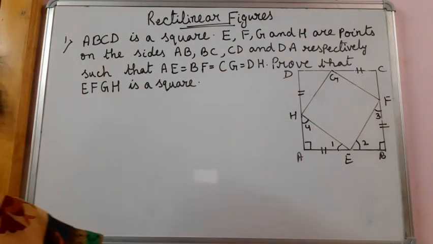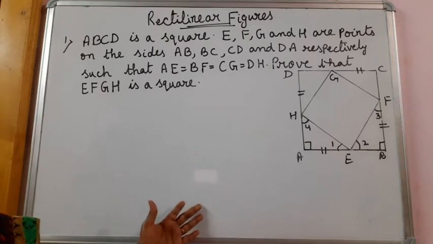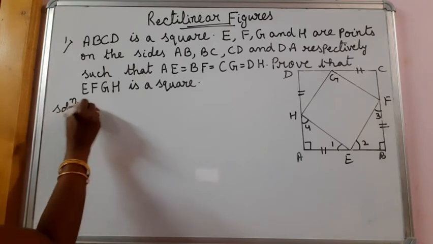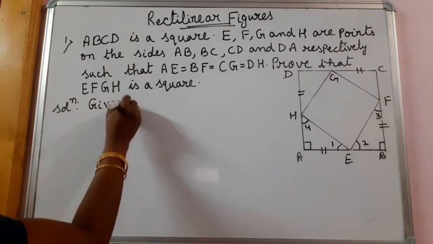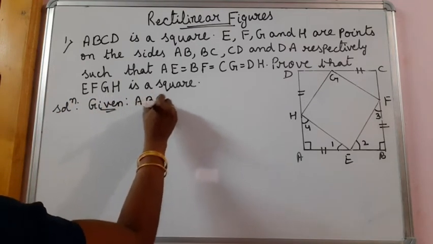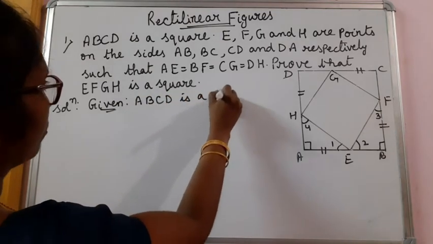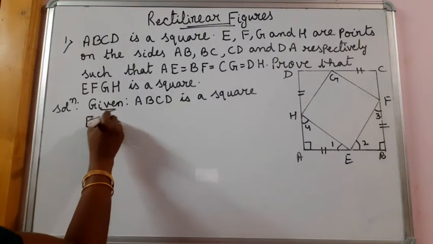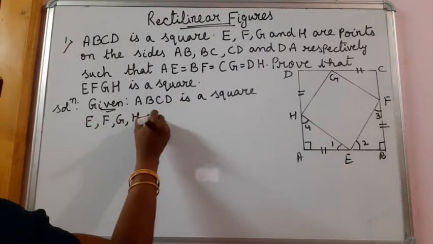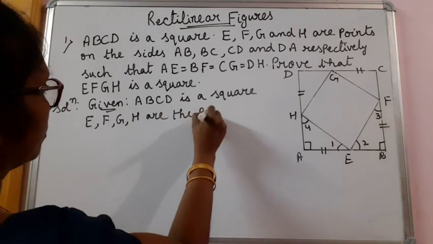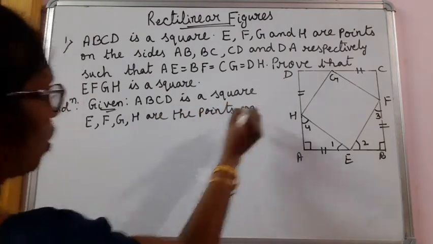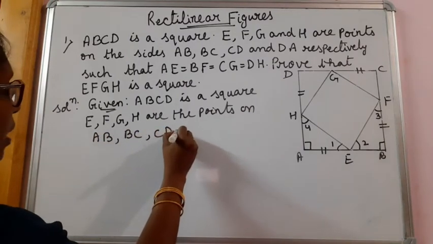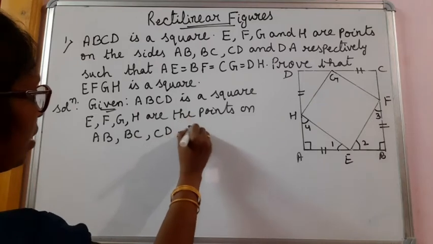As it is a proof question, what is given, what to prove, proof steps, all these are required. So, what is given here is ABCD is a square. E, F, G, H are the points on AB, BC, CD, DA respectively.